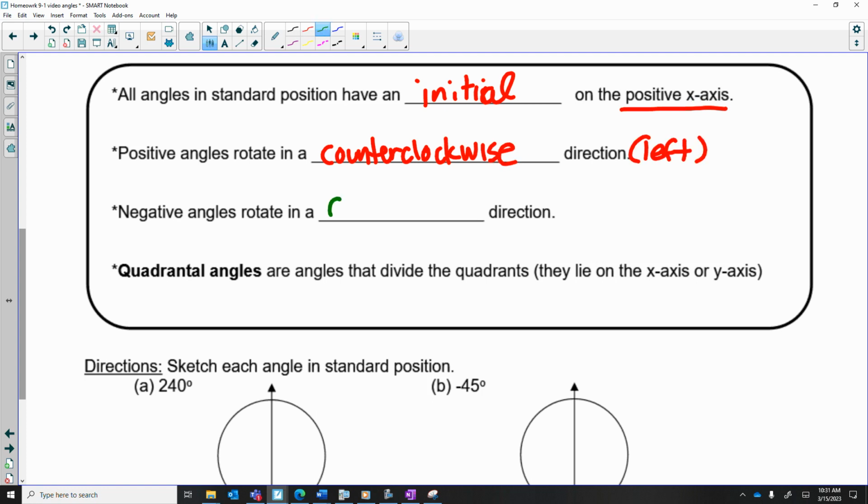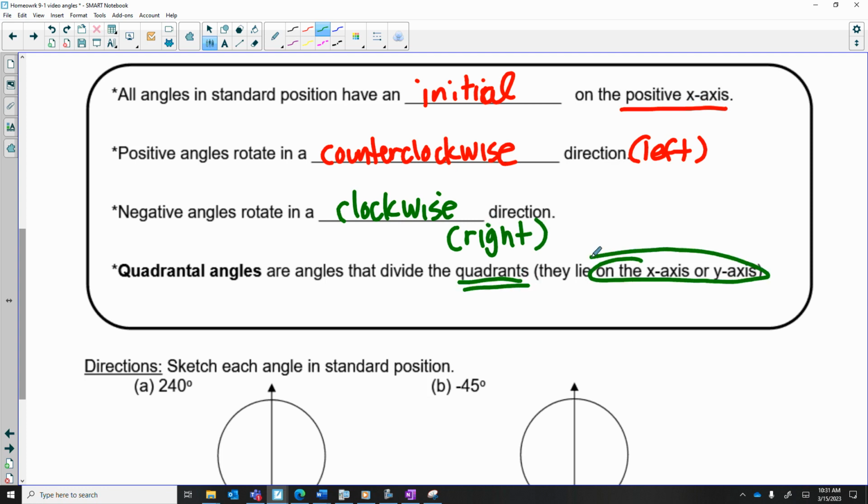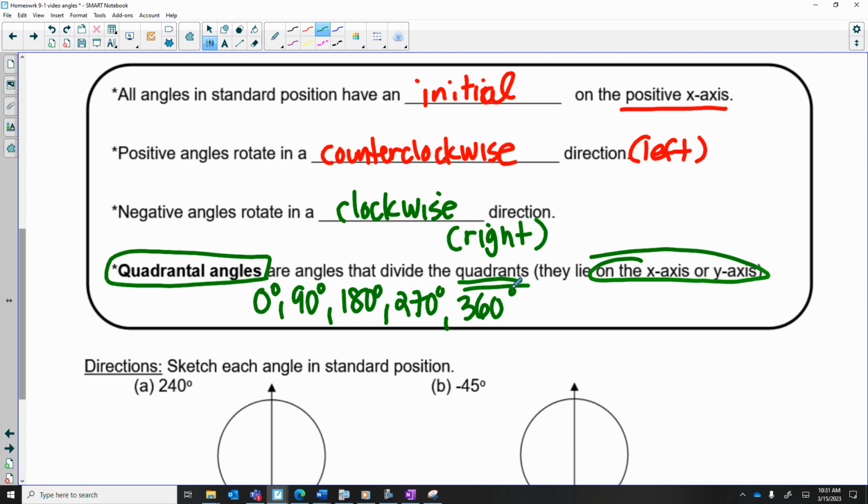Negative angles rotate the other way, which is called clockwise, and that is to the right. The angles that lie on the axes, on the x or y axis, are called quadrantal angles. And those are the ones that are multiples of 90: 0, 90, 180, 270, and 360. Those are the angles that divide up the quadrants.